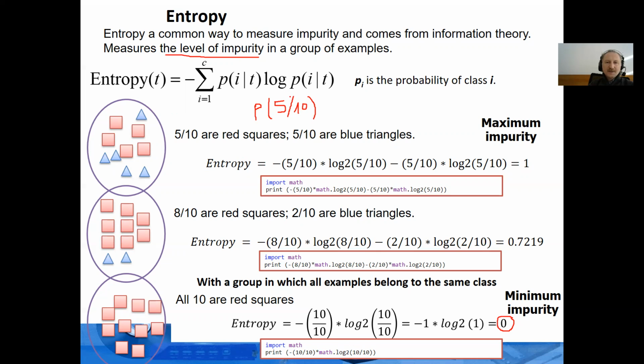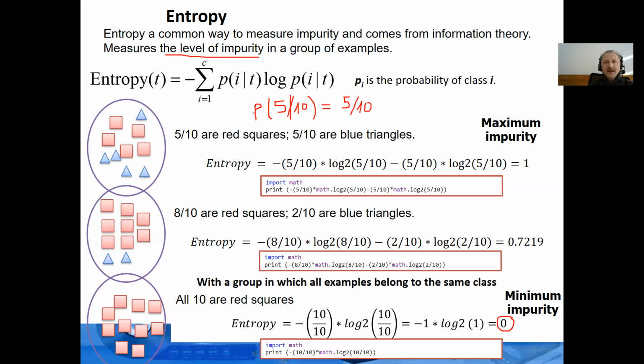This is not a division, this is a bar. The probability is equal to 5 divided by 10.